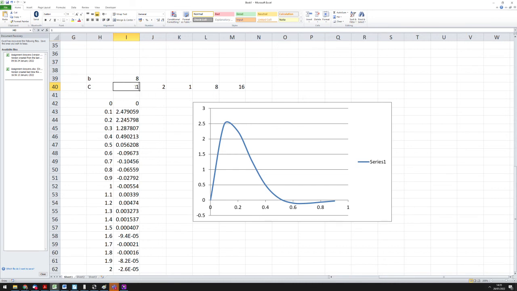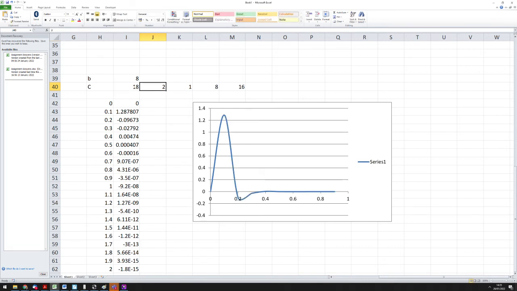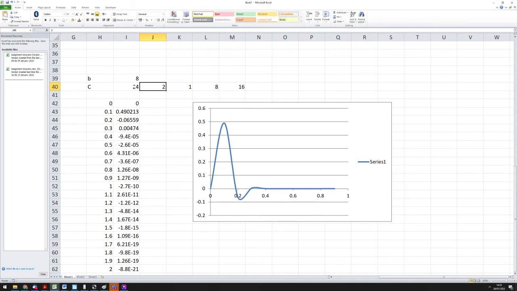What happens if I make C 18? What's happening is the overshoot and the undershoot are getting bigger.